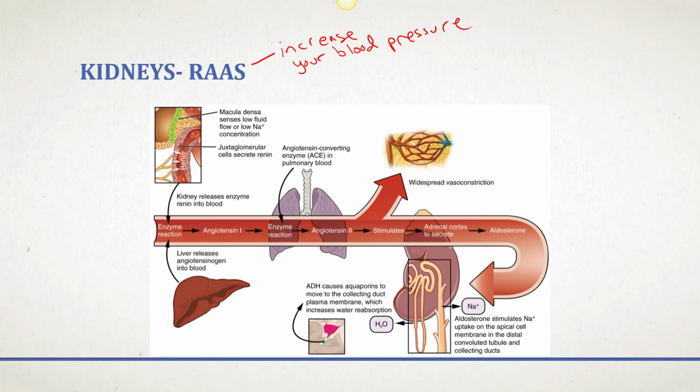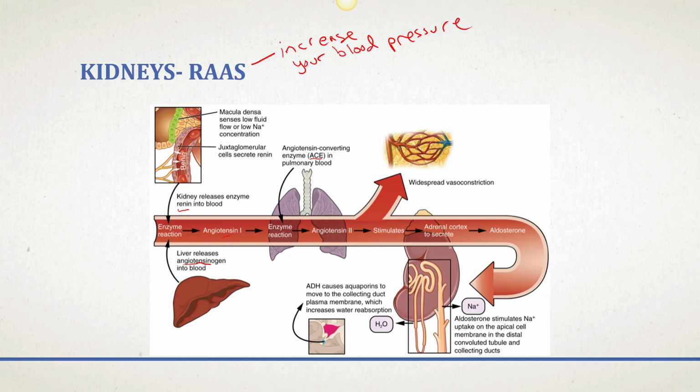So the kidneys are going to sense this and they're going to release the enzyme renin, which combines with angiotensinogen from the liver in order to produce angiotensin 1. Angiotensin 1 is then going to be converted to angiotensin 2 using this angiotensin converting enzyme, ACE.